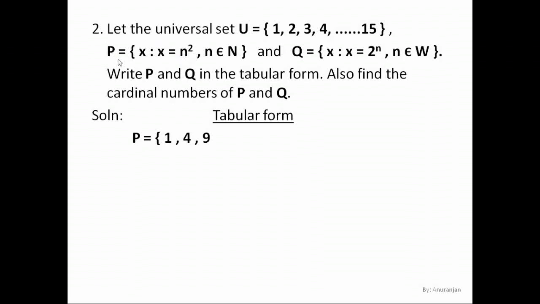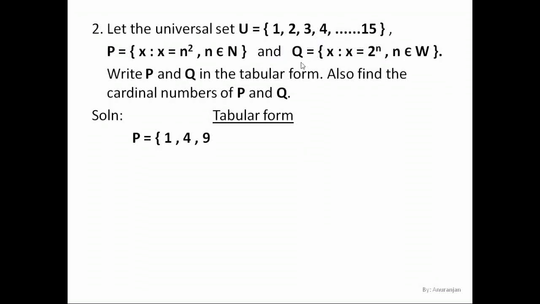But be careful, here there is a universal set given, means a set which includes all the elements of the set under discussion. So here this set P cannot have any extra elements that are not included in the universal set.